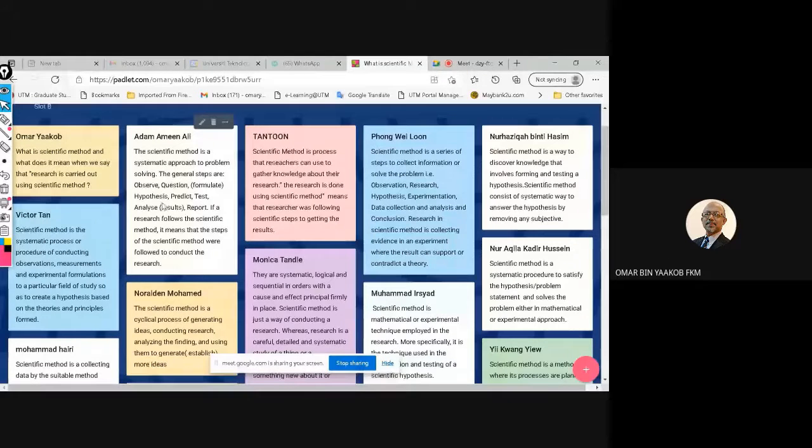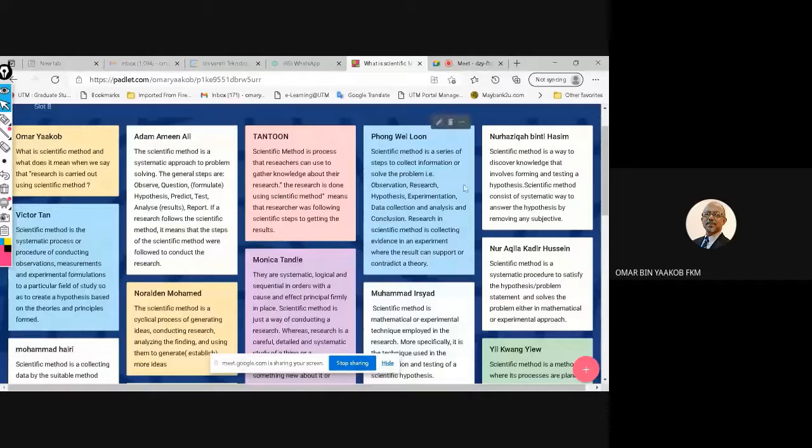So there are steps involved, and if a research follows scientific method, it means the steps of the scientific method will be followed to conduct the research. You see that this will appear in the others as well. Another says research is a process to gather knowledge, done using scientific method, meaning the researcher follows scientific steps. Okay, but not really defining what scientific method is.